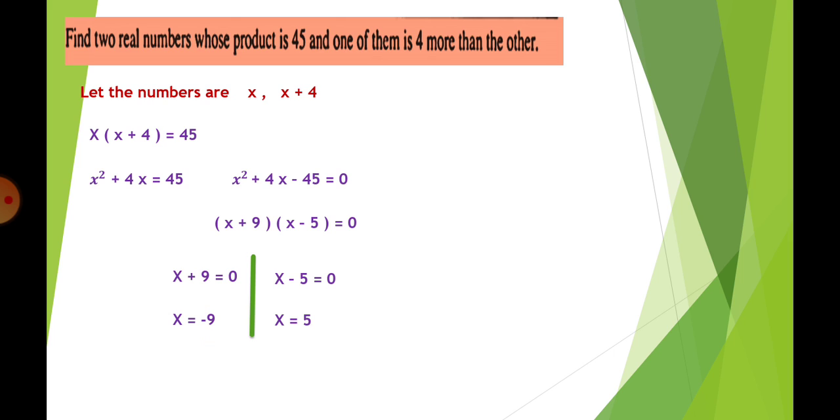We solve this problem with this same equation. But if we have a rectangle, we refuse the negative number. Here we find x equals negative 9 or x equals 5. So the two numbers are negative 9 and negative 5, or 5 and 9.